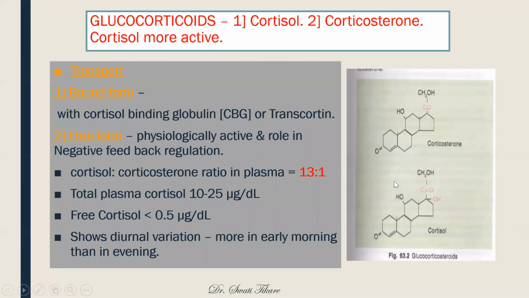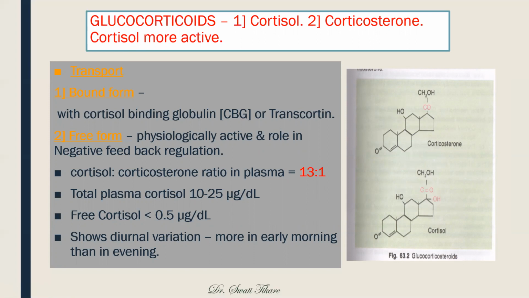Here we have the two hormones. Cortisol has two benzene rings hydroxylated here and here, that is CH2OH this way, whereas corticosterone is only hydroxylated in this place. So this is the cortisol and corticosterone.